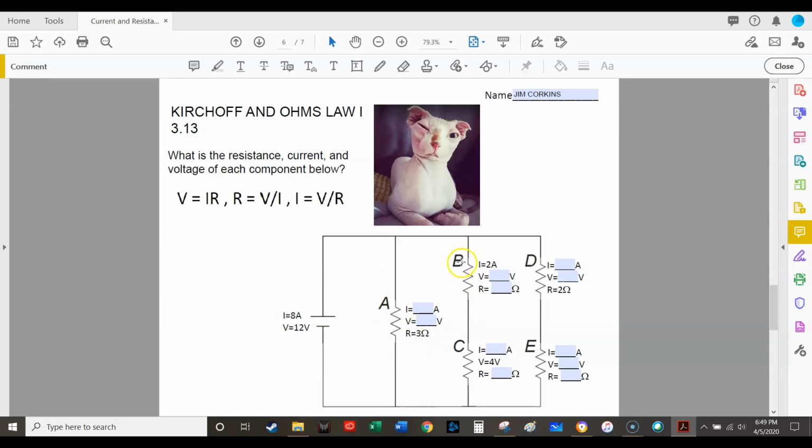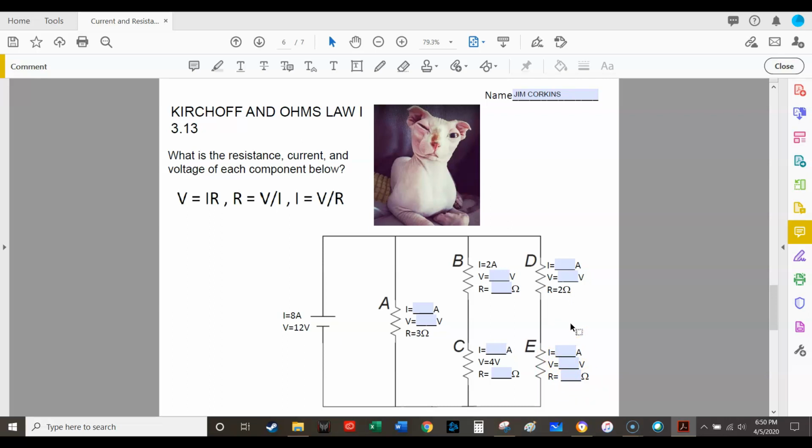We have resistor B that is in series with a resistor C, and this is getting 2 amps, and we know this is consuming 4 volts. And we have another branch, which is in parallel with the BC branch and parallel with the A branch. We have branch DE, where we know D is 2 ohms, and for E, we don't know any of it. So go ahead and pause the video, and try this out.